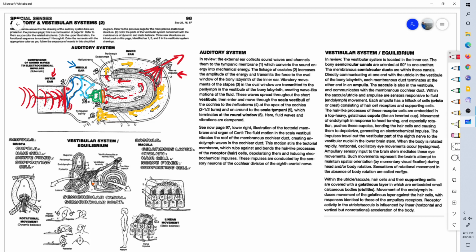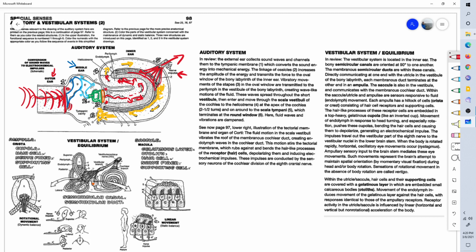And observe here, these couple of arrows right here, also stimulating the cochlear duct while the sound is traveling through the scala vestibuli, also vibrating the tectorial membrane to stimulate the hair cells of the organ of Corti.